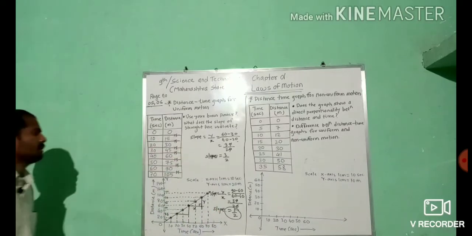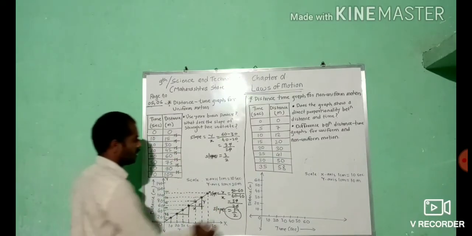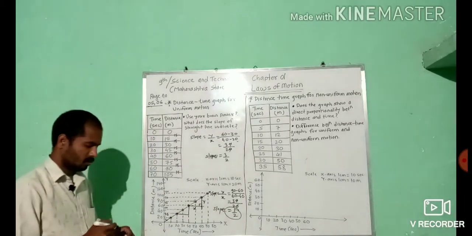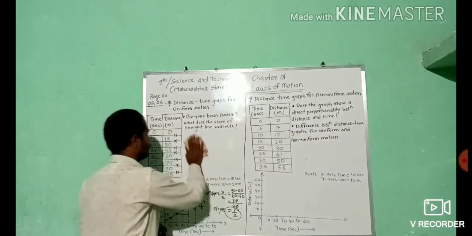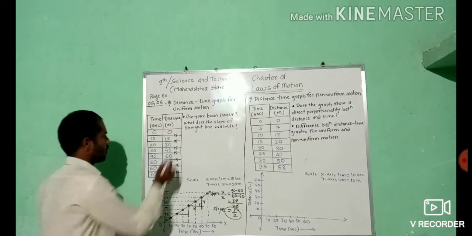Okay, so the slope for that straight line is 3 by 2 and it has a constant value for every two points, okay. So what is the answer for that question?